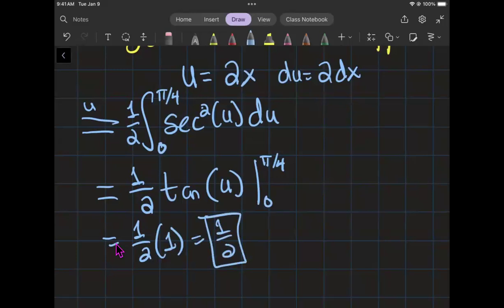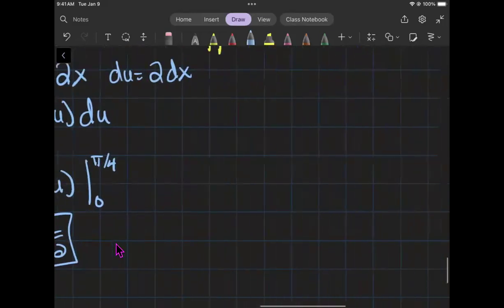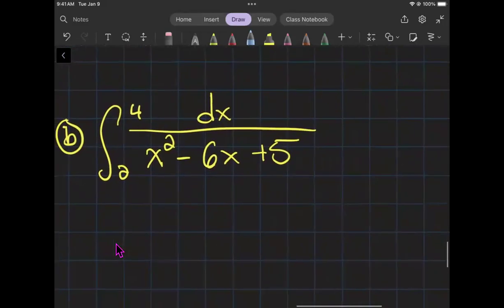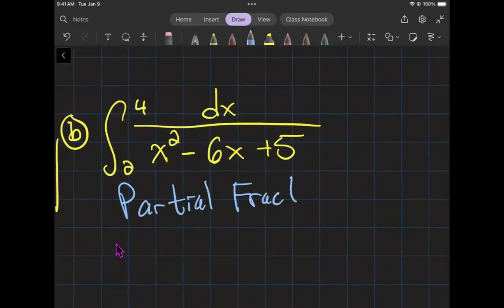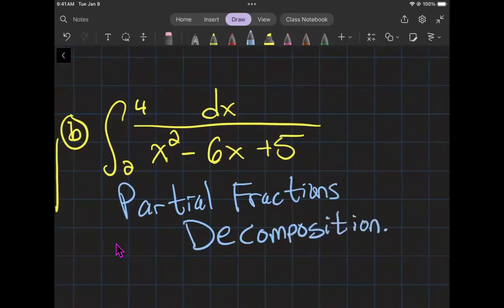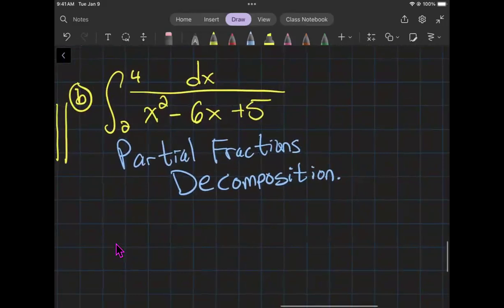All right, not bad. Okay. The other example, dx divided by x squared minus 6x plus 5. You're going to use partial fractions decomposition. Okay, partial fractions decomposition.